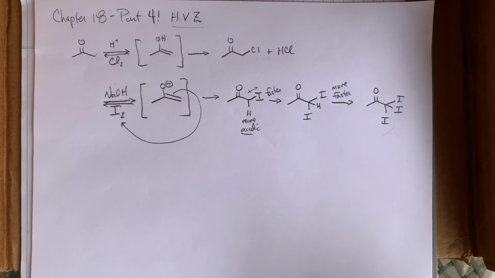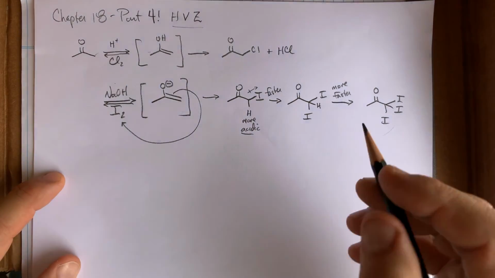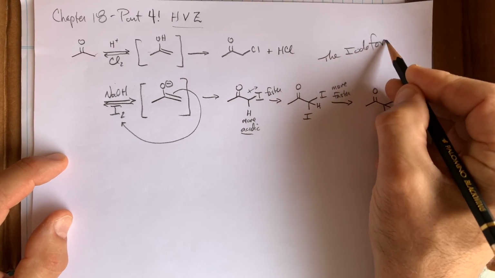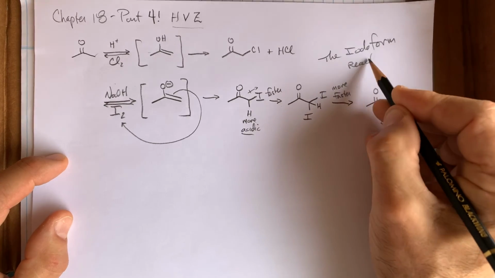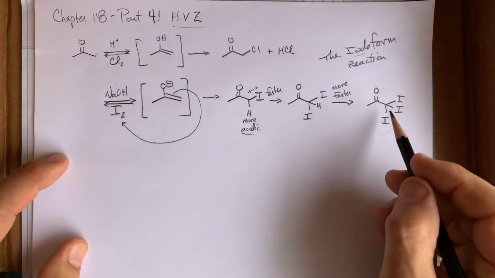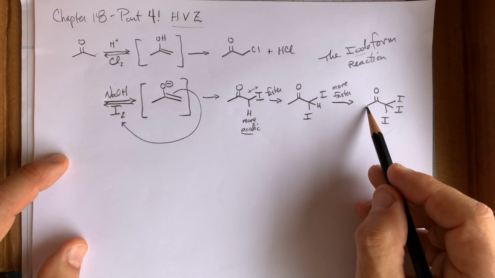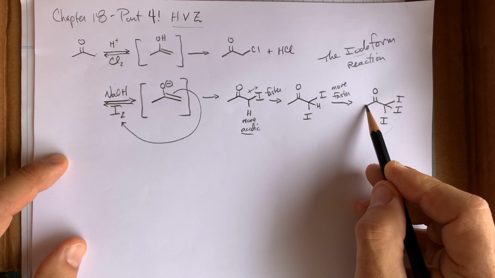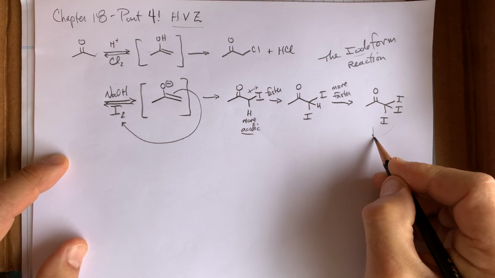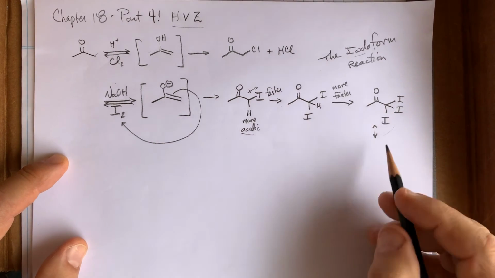This is a test for this, the haloform reaction. It's the iodoform reaction. If you're using iodide, you form 1,1,1-triiodo acetone. Now there's no more acidic protons on this side, but rather than enolize on the other side, finally, you'll remember that there's a resonance structure to ketones.